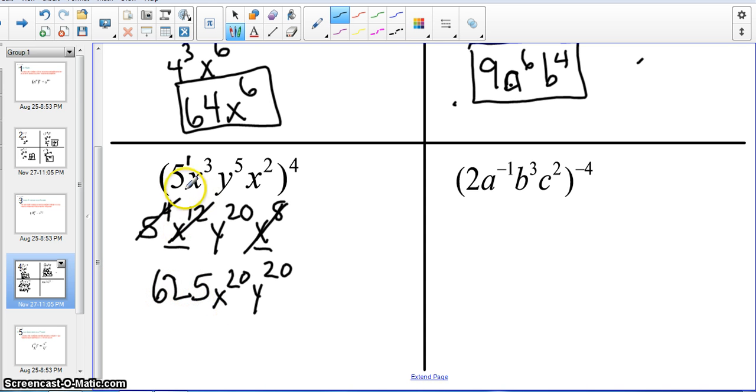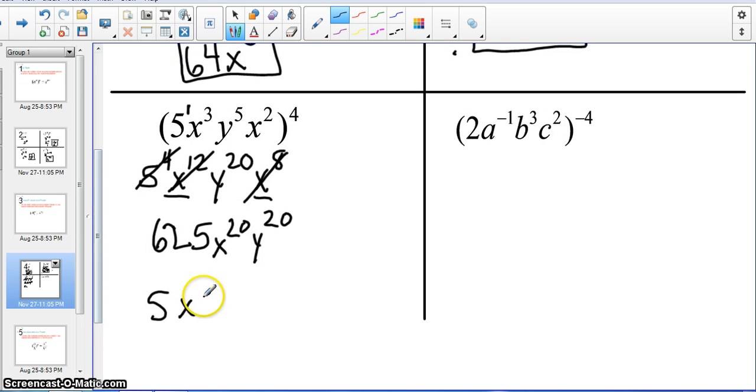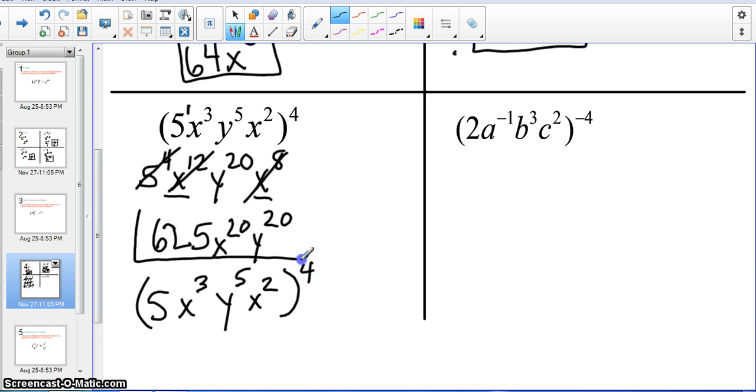Another way we could do this is we could have done the product rule first inside. So I'm going to rewrite the original problem and show you another way that we could do this. So here's our answer that we got in the first way.